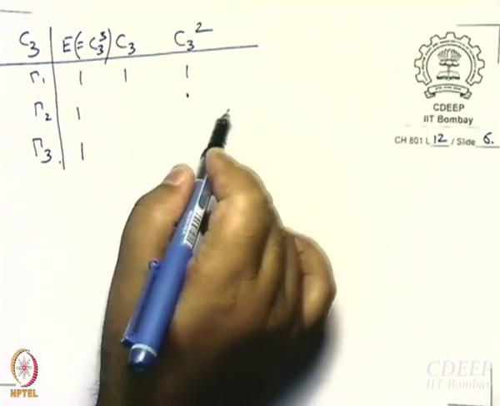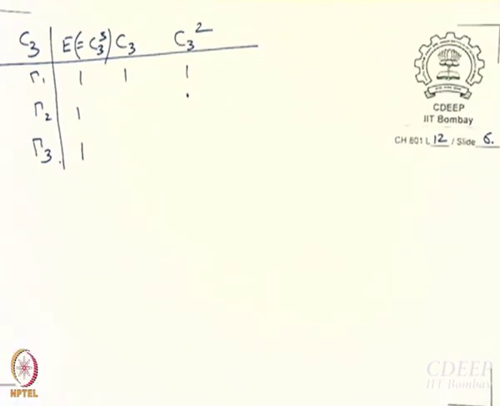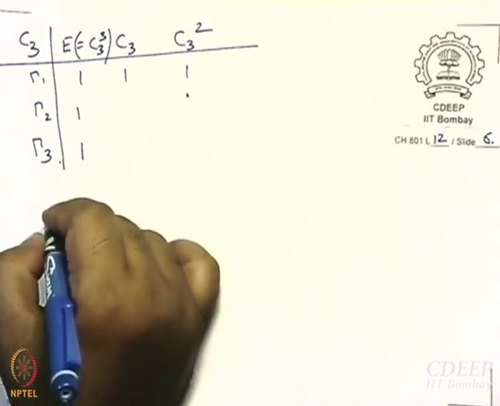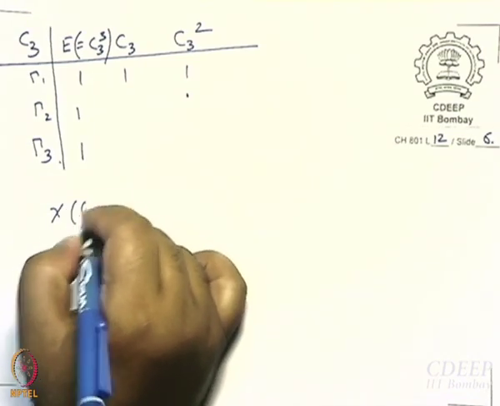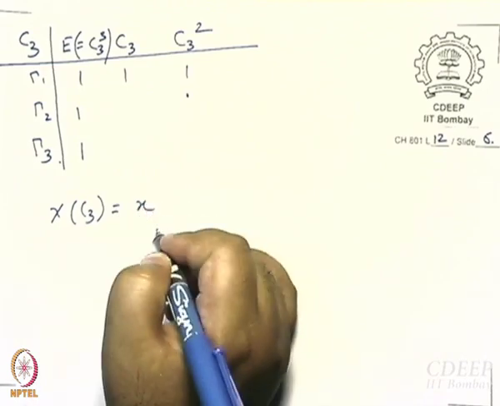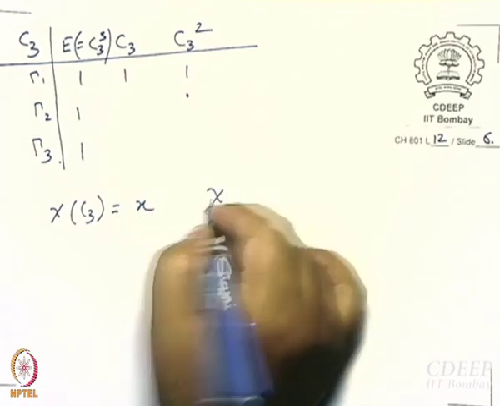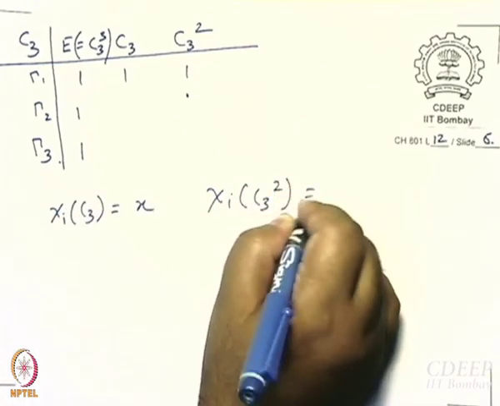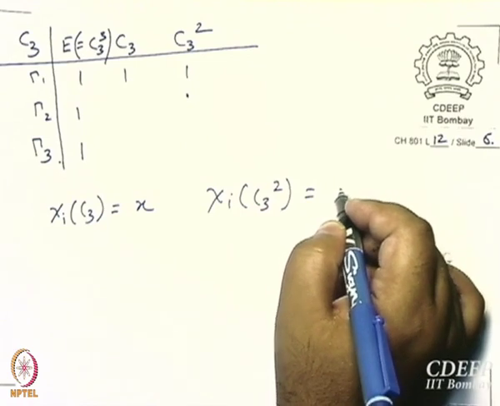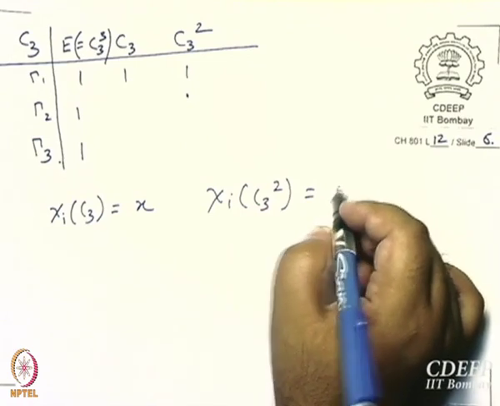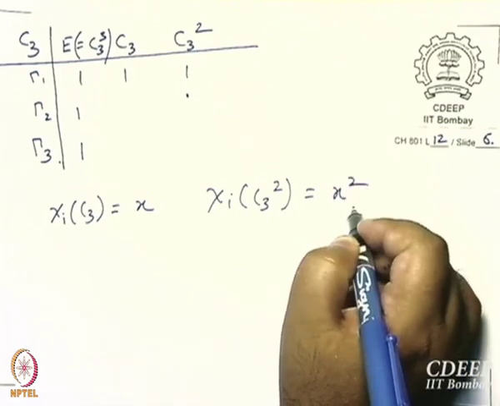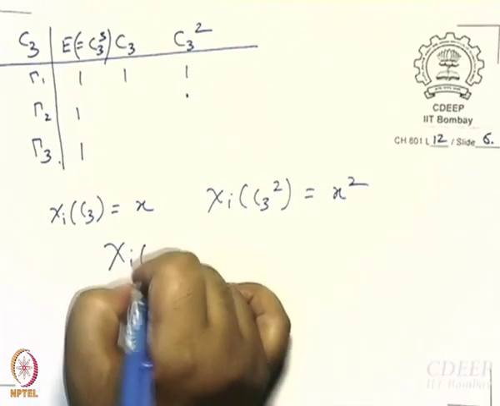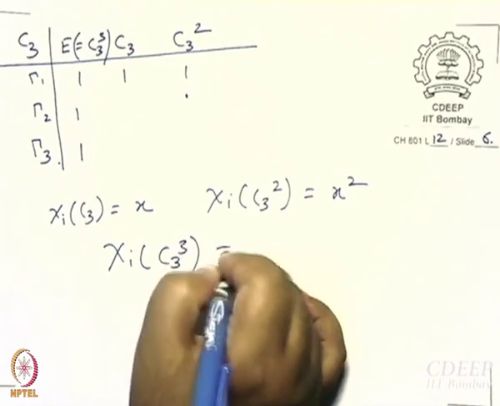I have only 2 places to fill. How do I fill those places? Let us say, now this is even easier, chi of C3 is equal to x. What will chi of C3 square be? Very difficult algebra? x square. Very good. So, what will chi of C3 cube be? Extremely difficult.